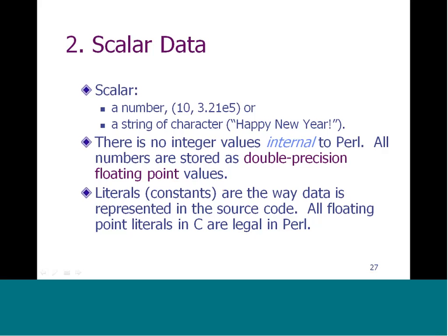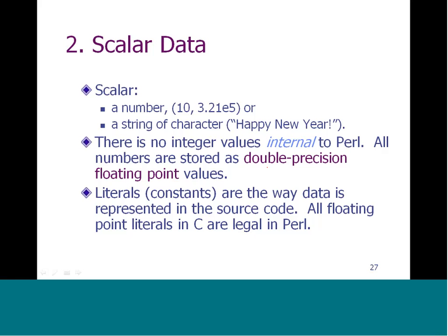All the numbers are stored as double precision floating point numbers. So this is one key difference: you can operate an integer with a floating point number, and Perl will accept it and produce a result. There are some rules that you need to follow, which I will explain as we go along.